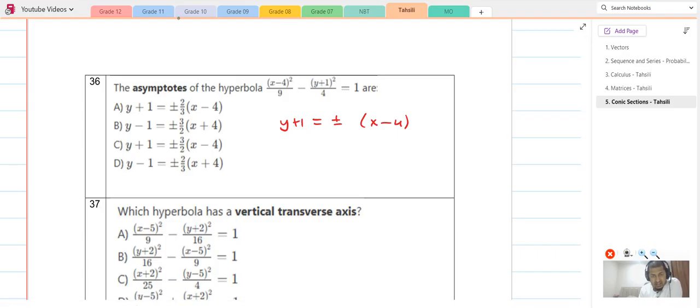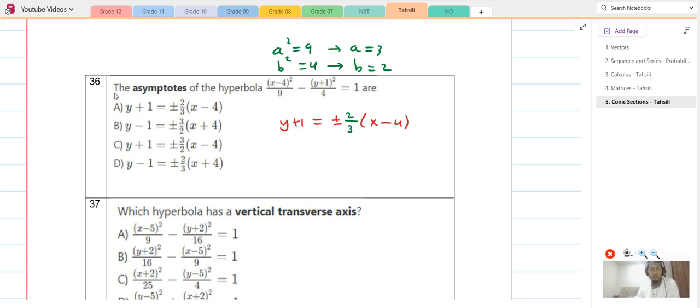So a squared is 9, so a is equal to 3. B squared is 4, so b is equal to 2. So it's going to be b over a, which is 2 over 3, times (x minus 4). Hope you understood that.